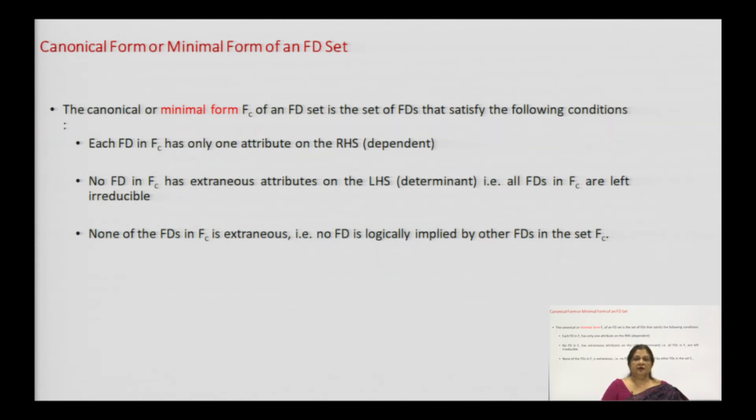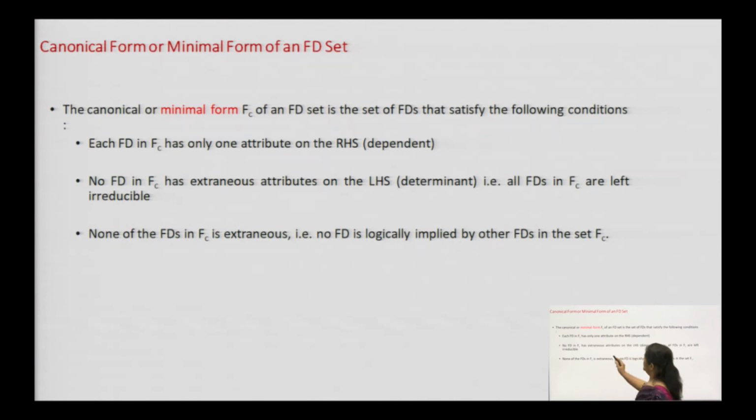So, we can say a canonical or minimal form of the functional dependency set will be that set of functional dependencies in which there are no extraneous attributes on the left hand side of the functional dependencies, and there are no extraneous functional dependencies.